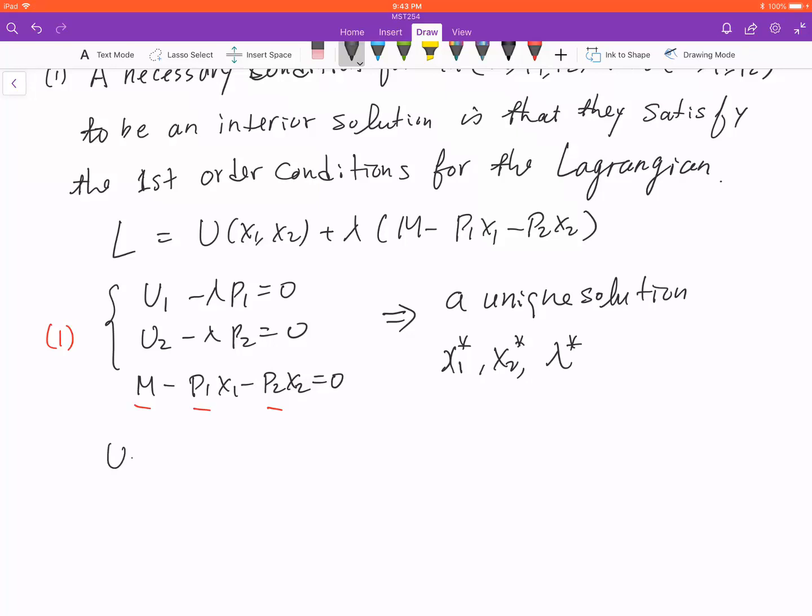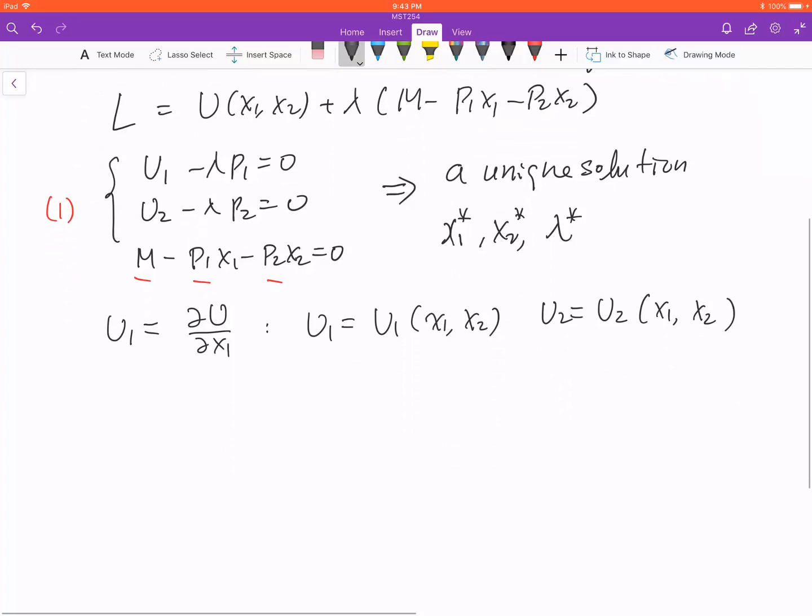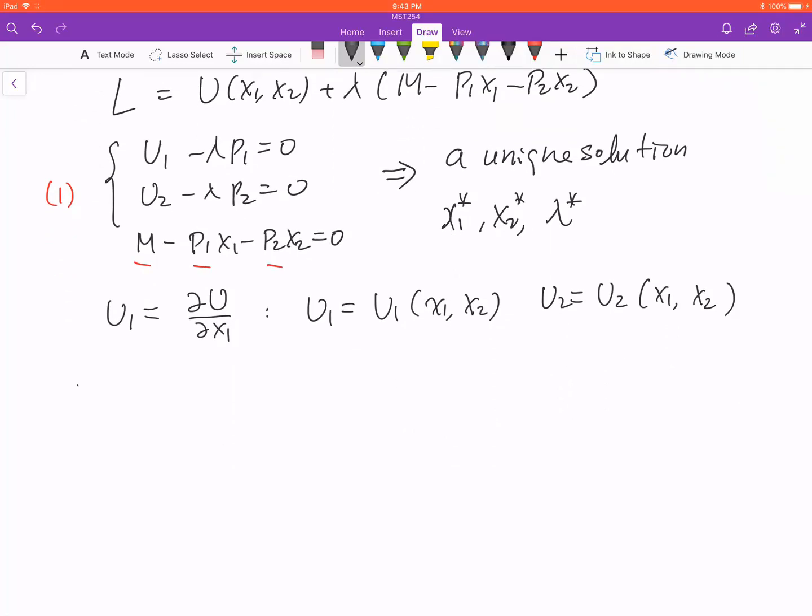And remember, u1 is the partial derivative of u with respect to x1. And so u1 is really a function of x1 and x2. And u2 is a function of x1, x2 as well. Okay. So just remember this. And so what we have over here is that x1 star is a function of m, p1, p2, and x2 star is a function of m, p1, p2.